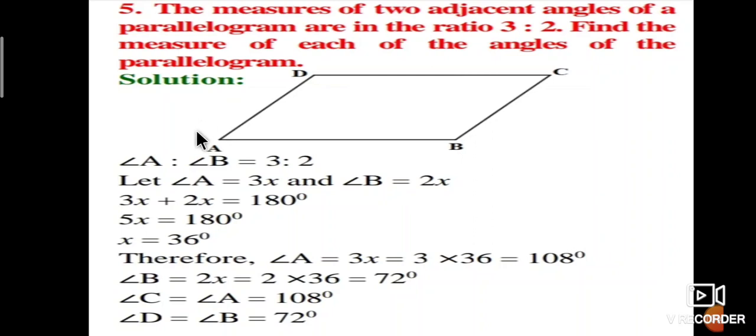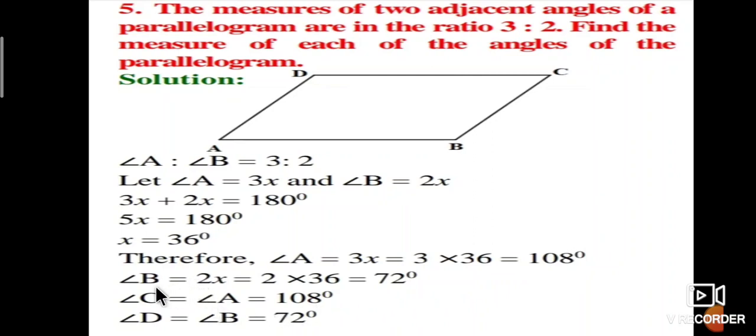Therefore, angle A is to angle B is equal to 3:2. Let angle A be 3x and angle B be 2x. Therefore, 3x plus 2x is equal to 180 degree. So 5x is equal to 180 degree, x is equal to 36 degree. Therefore, angle A is equal to 3x, that is 3 into 36 is equal to 108 degree.